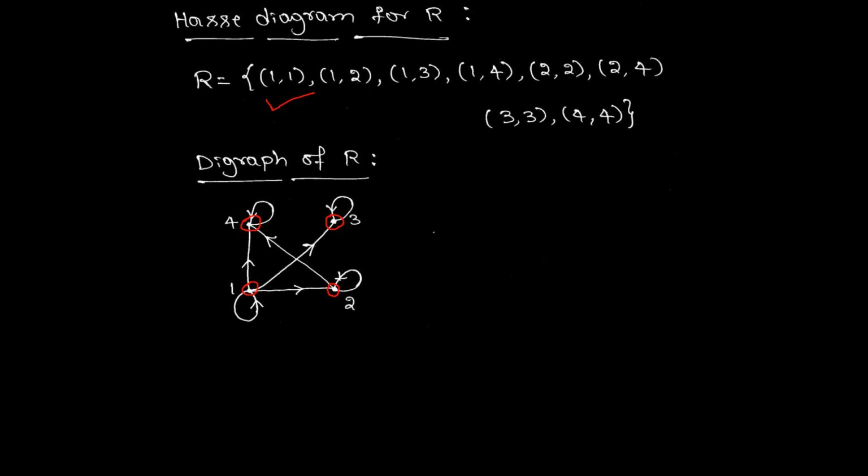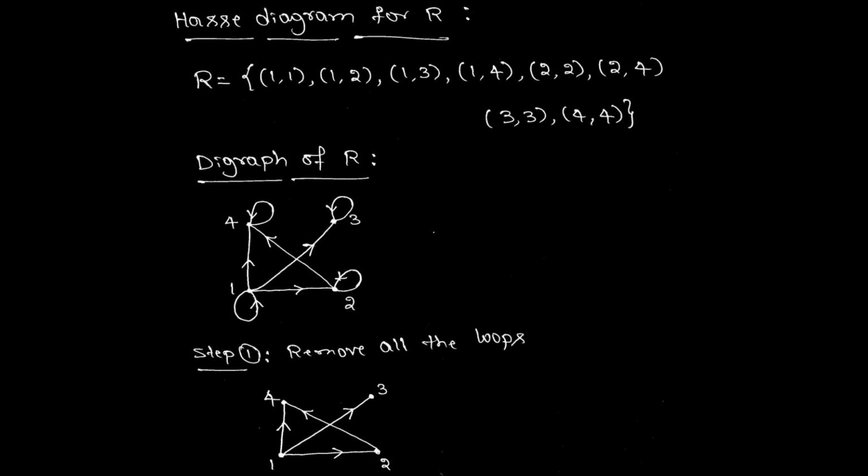Now very first step is remove all self loops. Let us remove all the loops first. After removing all the loops from this diagraph, we get this diagraph. Then we need to search for transitive edges and delete.